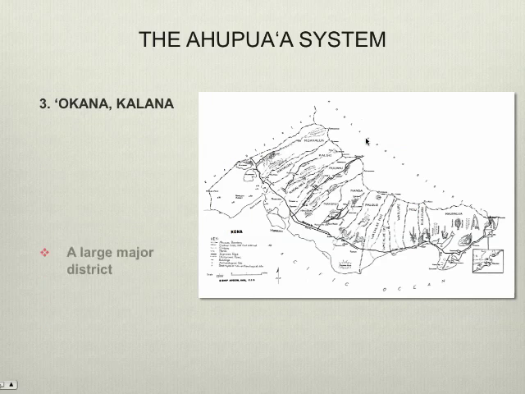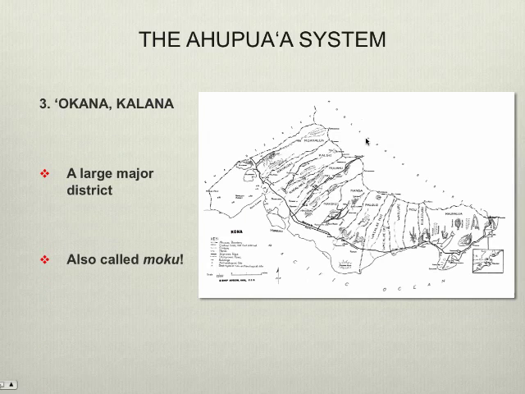Ahupua'a system. This slide is meant to highlight our moku, our kalana, which is Kona. On the bottom one, moku of Kona, which I say we are in because that's where KCC is. If you see Diamond Head on the bottom, sort of middle there, this is our Kona district.